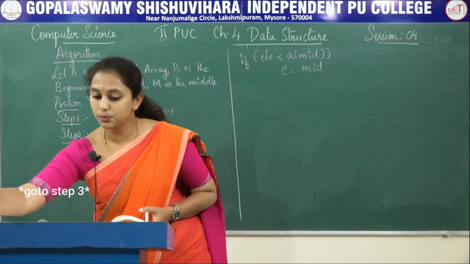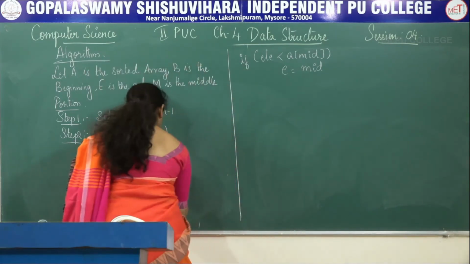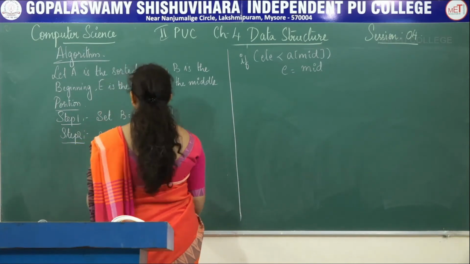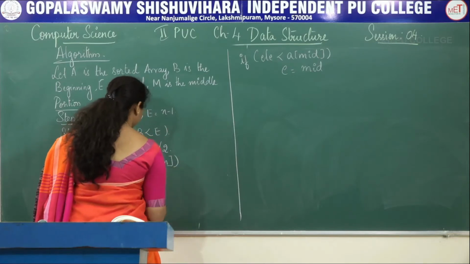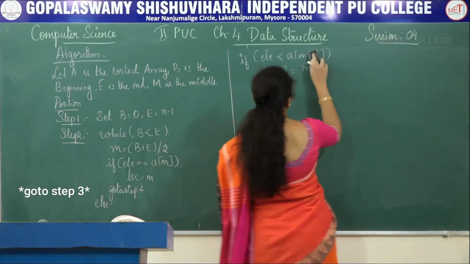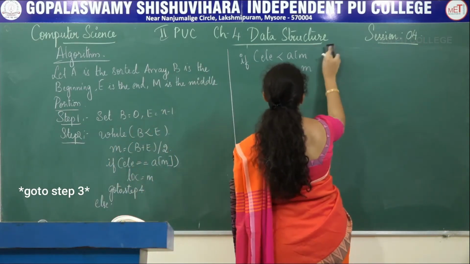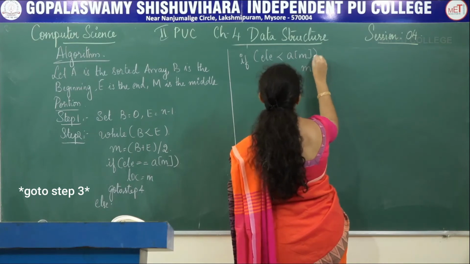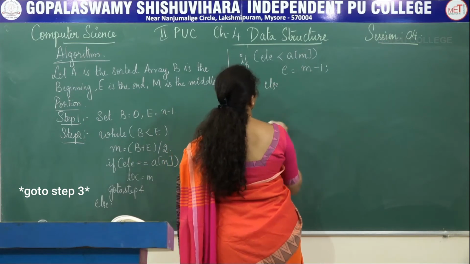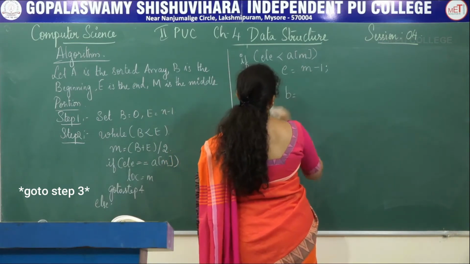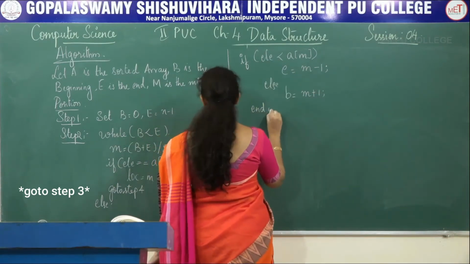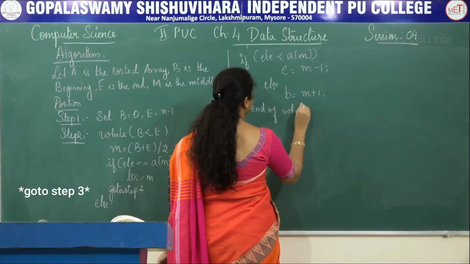End is equal to M minus 1, where M represents the mid position. Else beginning is equal to M plus 1. End of while.